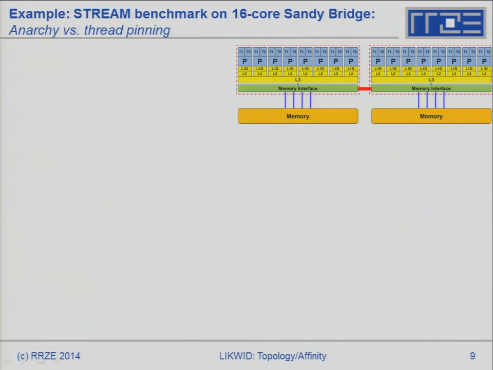Just as a motivation, why affinity and pinning is important. I mean, you should know by now that it is important, but we haven't actually shown any substantial data to support this. We have made a little experiment here. There's a 2-socket Sandy Bridge node, 8 cores per socket. We have 2 threads per core, so hyperthreading is enabled. And we make a simple experiment.